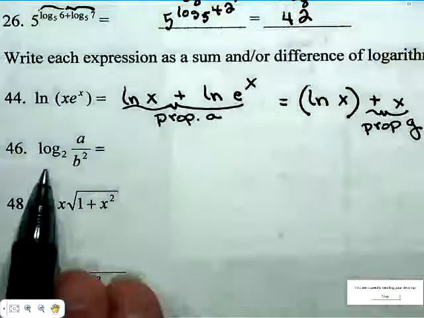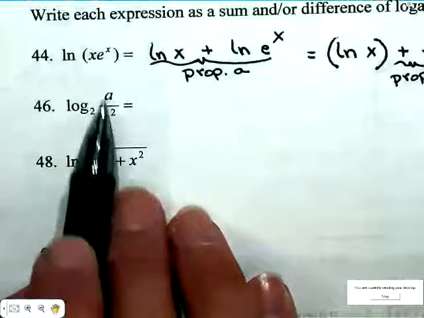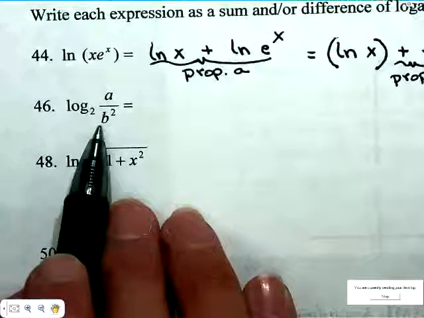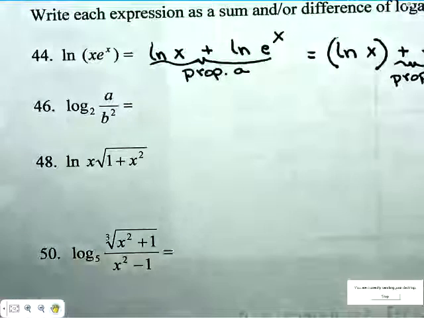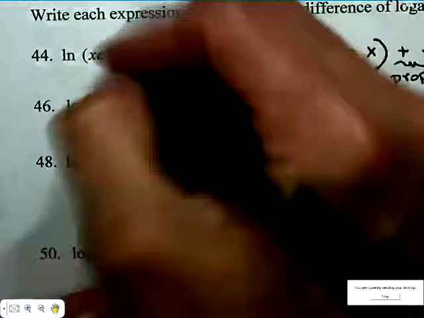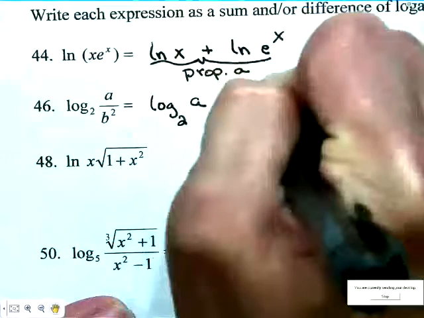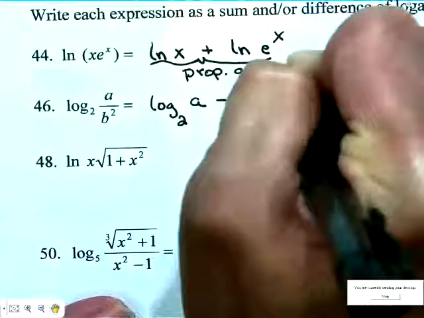Number 46, I can take the log of a quotient, two expressions that are divided, apart as the difference of two logs. Log base 2 of a minus log base 2 of b squared.